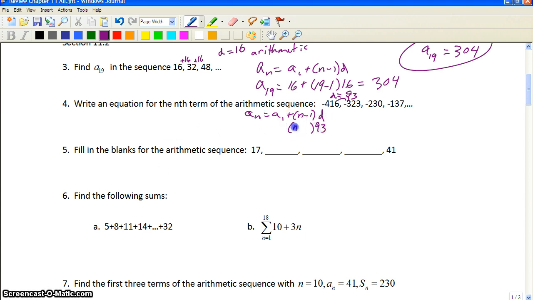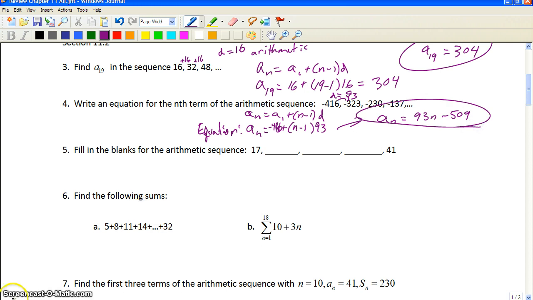N we want to keep, because we're talking about an equation. By the way, an equation is going to be the closed form of the arithmetic sequence. And then we need our first term, -416. So we simplify that, and when we're asked for an equation, we get a sub n equals 93n minus 509. Woohoo, we did it.